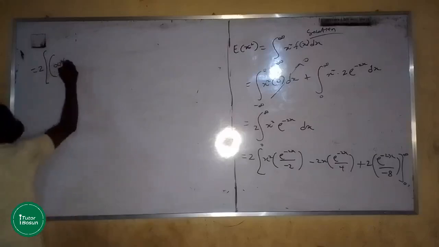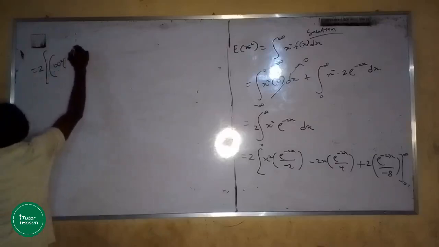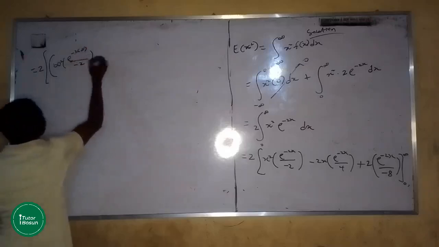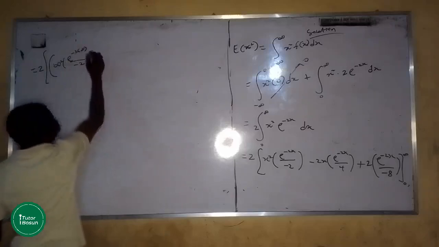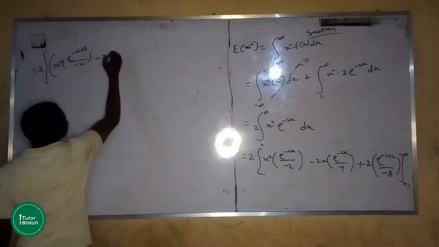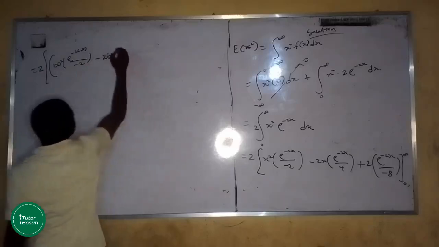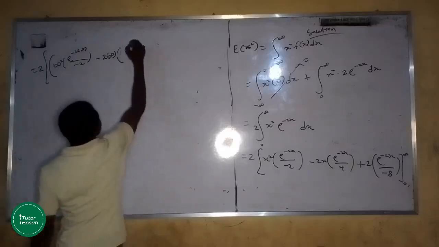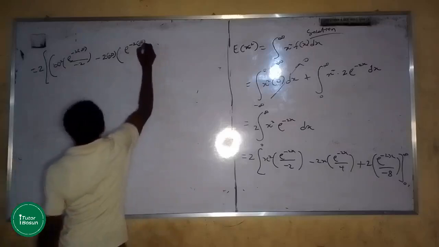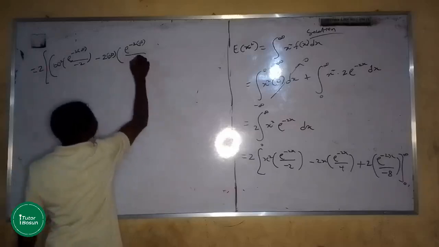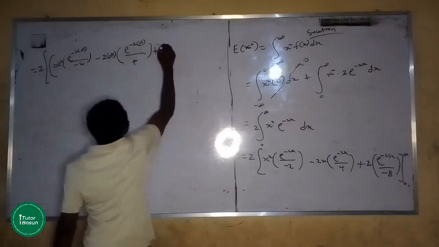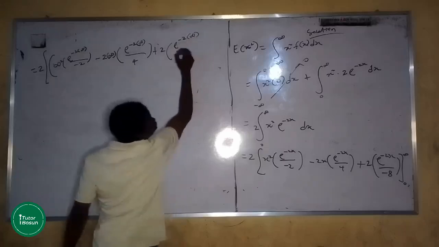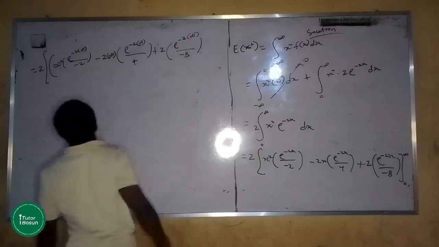We have infinity squared into exponential minus 2 into infinity over minus 2, minus 2 into infinity into exponential minus 2 into infinity over 4, plus 2 into exponential minus 2 into infinity over minus 8.